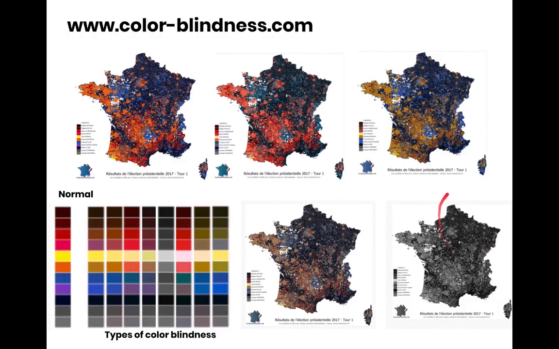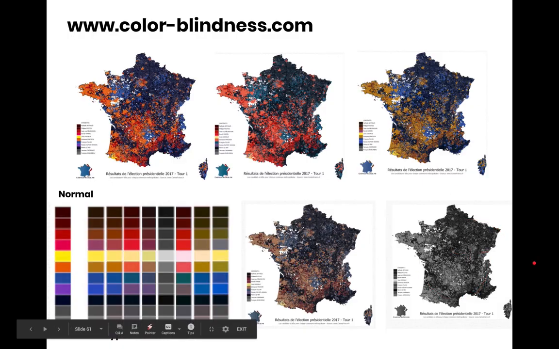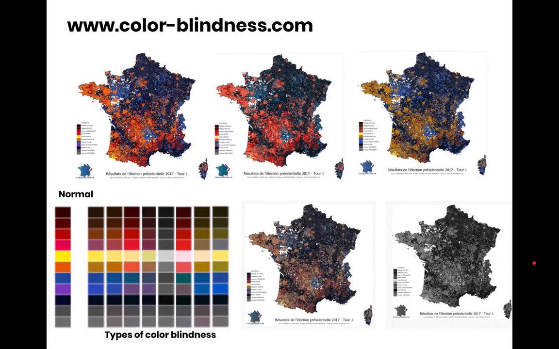For example, it has included the black and white map for comparison. Now, what we can also see from this map is that the color scale this map uses is not at all too bad, because in any of these pictures we still can see the differences between these colors, and there's barely any two colors that have the same value.